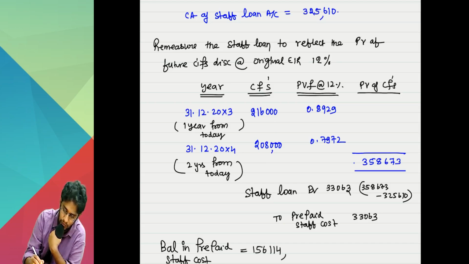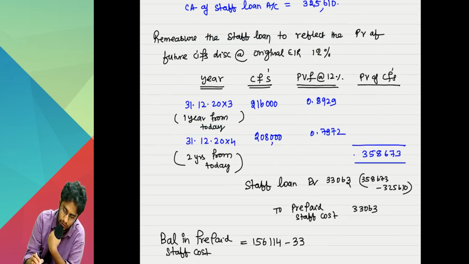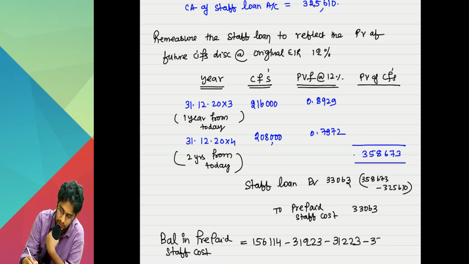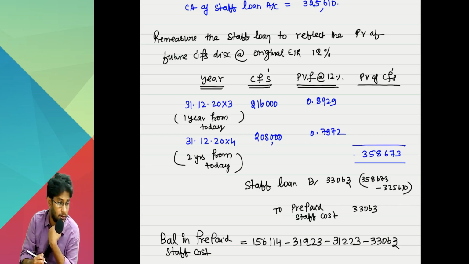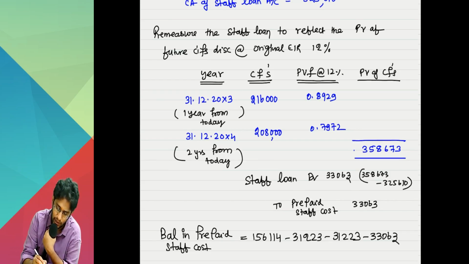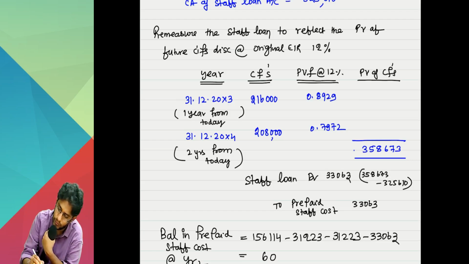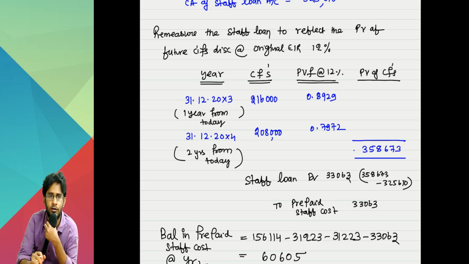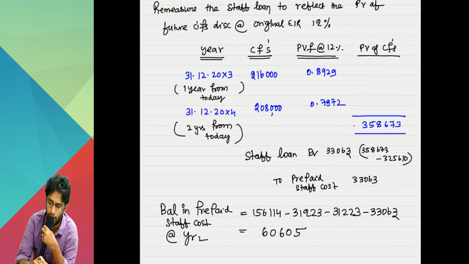156,114 minus 31,223, 2 times I am doing, minus 33,063. This will give me the amount at the end of second year: 60,605. What is the loan life further? 2 more years.